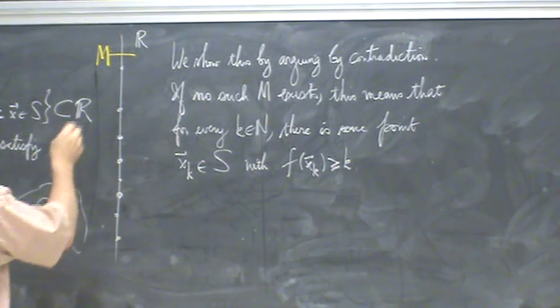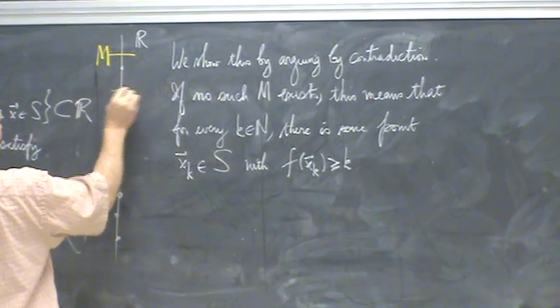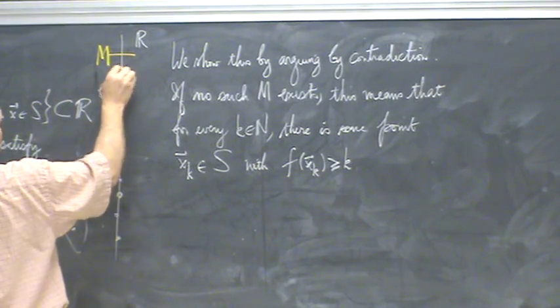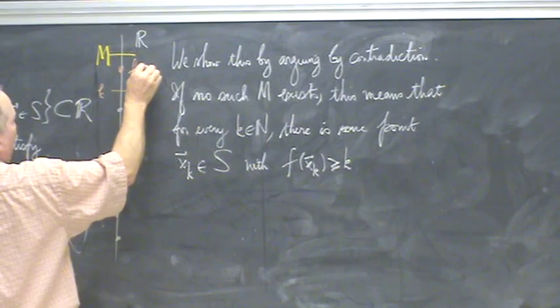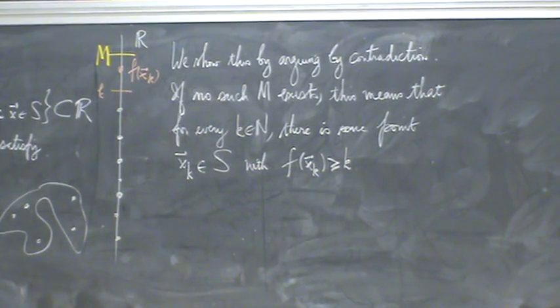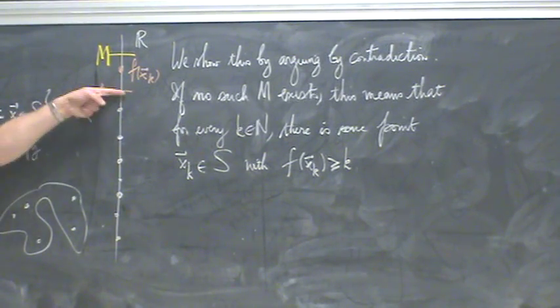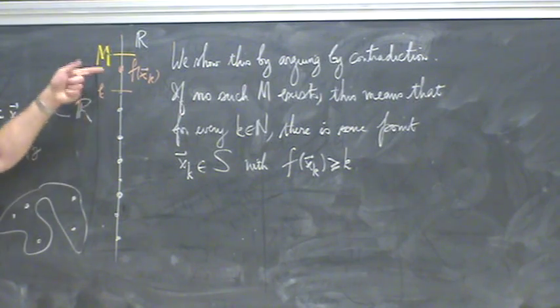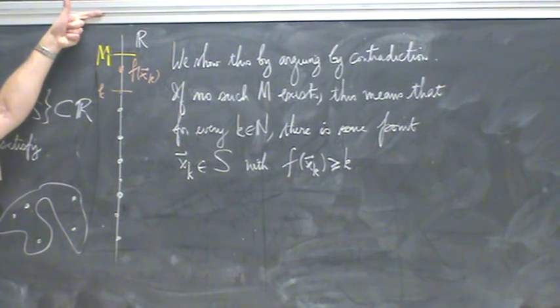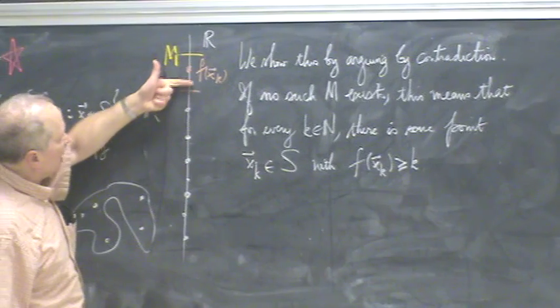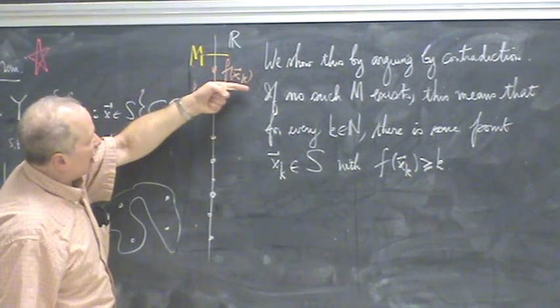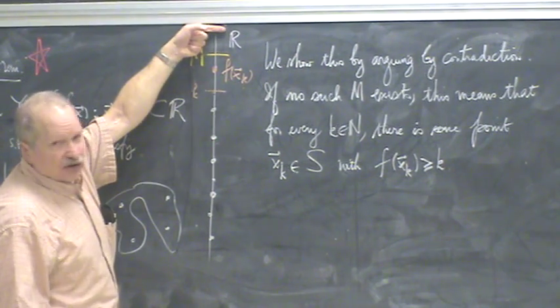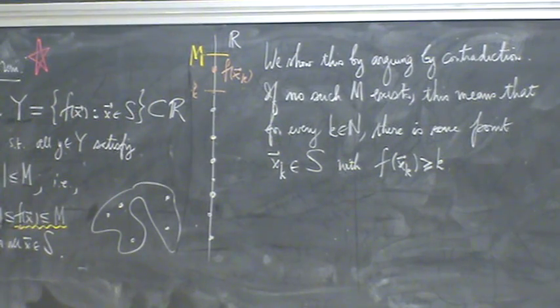So for every k, you would find a value of the function that occurs at some point that's at k or bigger. And because there's no upper bound, we're hypothesizing, this means as I move k up, I can always find some f of x sub k that's bigger than whatever k I'm at.